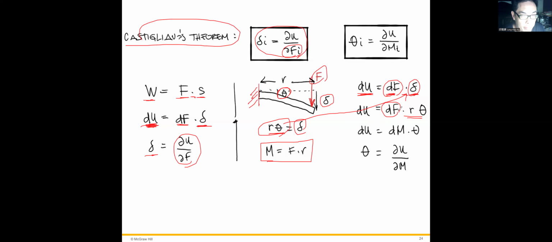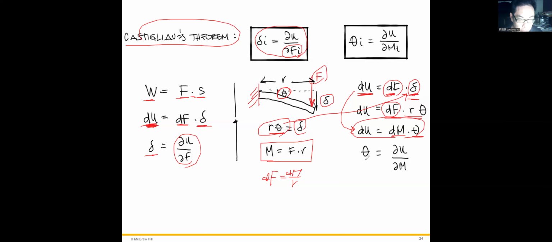So we can convert it into the relation of the moment and theta, and we just rearrange this equation.